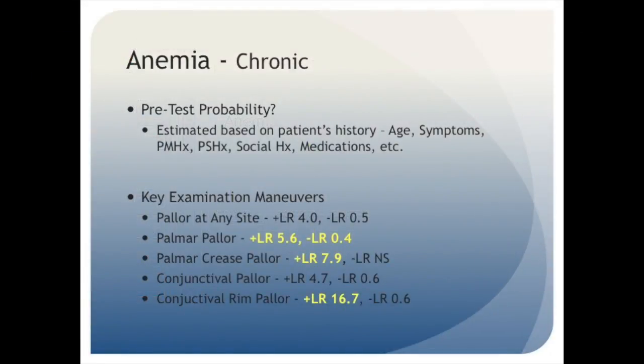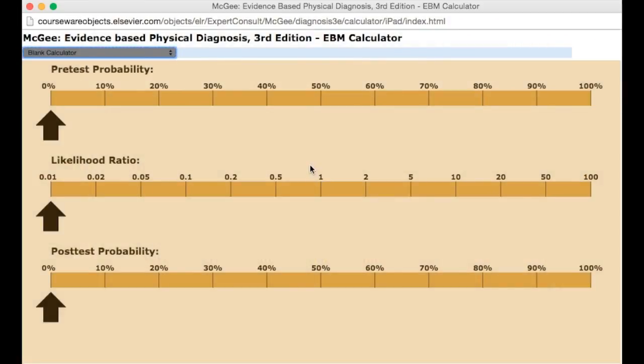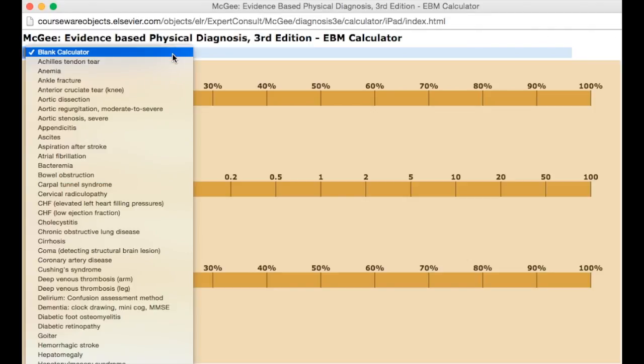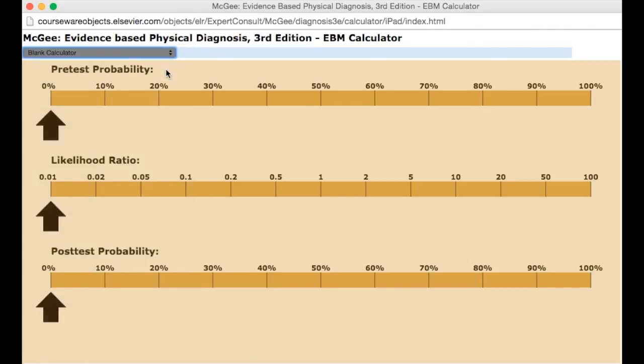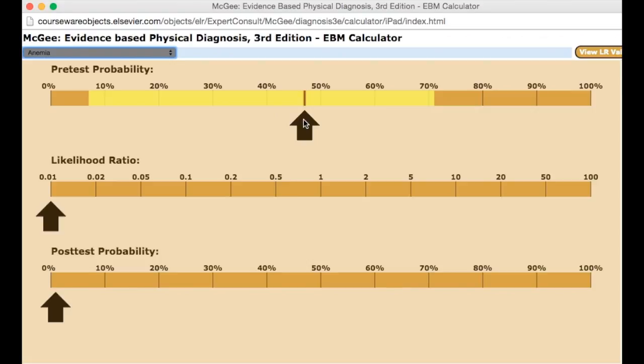Now, let's take a closer look at some of these physical exam findings using McGee's evidence-based physical diagnosis calculator available for free online. So, we choose anemia from the drop-down menu, and we choose a pretest probability based on aspects of our patient's history, their age, their past medical history, how likely it is that we think they may have severe anemia.